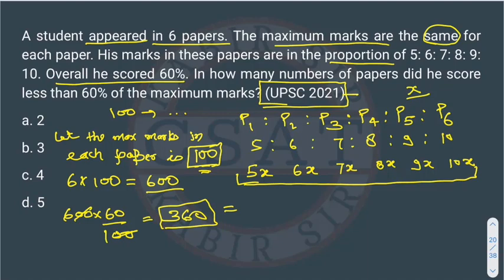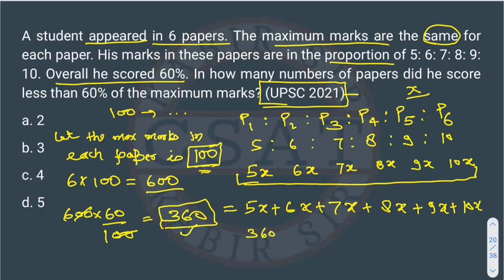And we also know in each paper how much marks he is getting. So what we can do, we can add these marks also, plus 10x. So 360 will be equal to 45x, right?